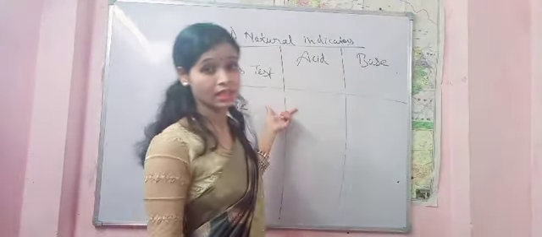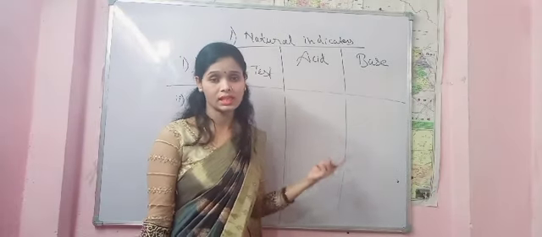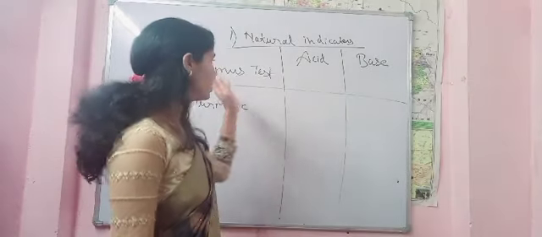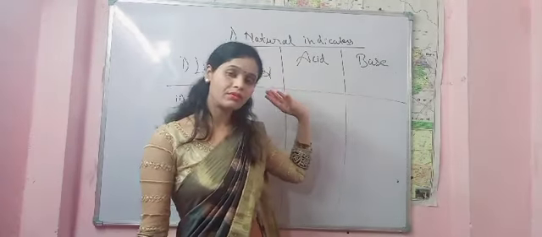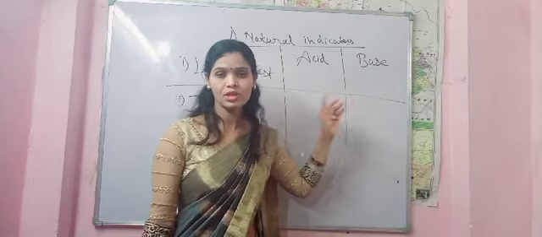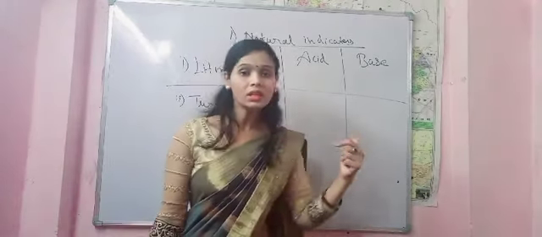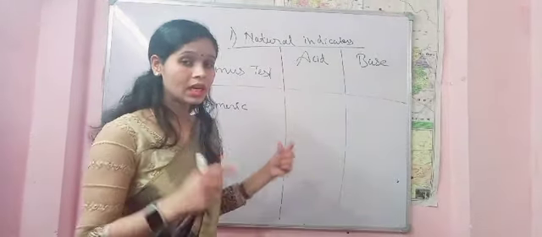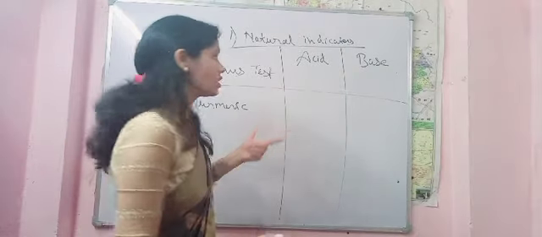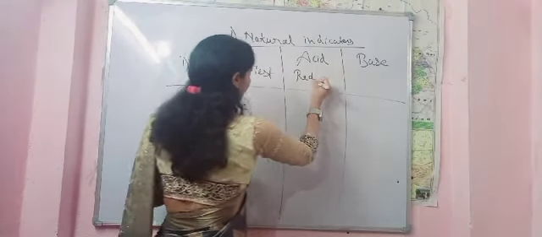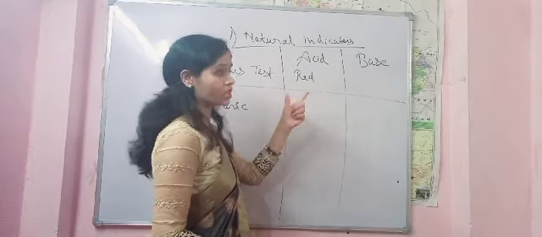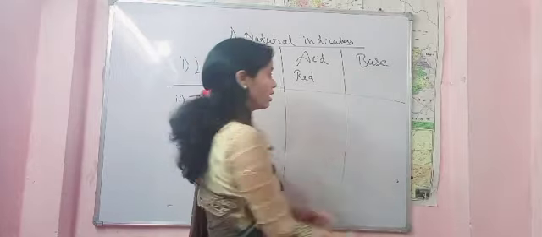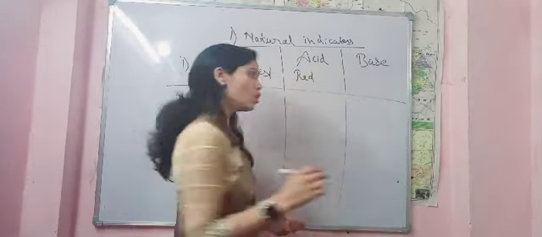What happens when litmus paper comes in contact with acid, and what happens when turmeric comes in contact with acid? Similarly, what happens when litmus paper and turmeric come in contact with a basic solution? When litmus paper comes in contact with acid, the color changes to red, whereas with a base, the color changes to blue.